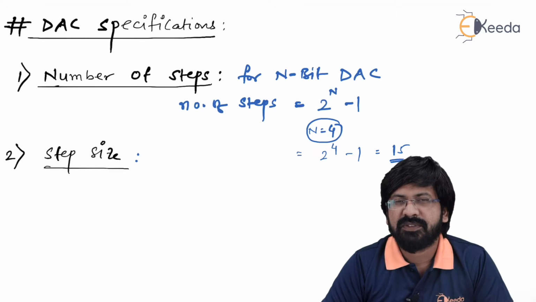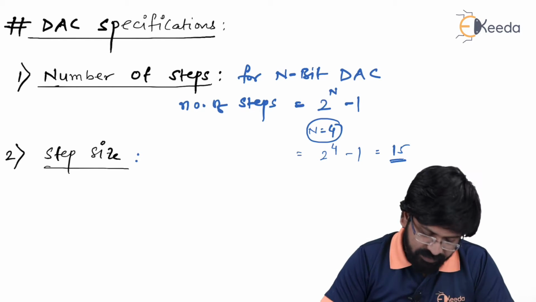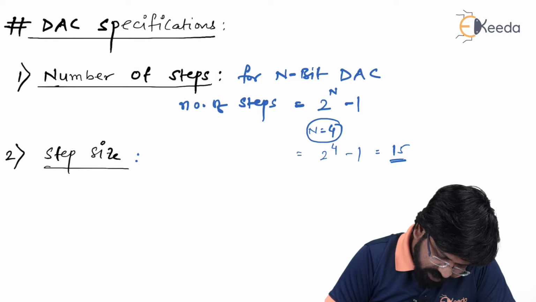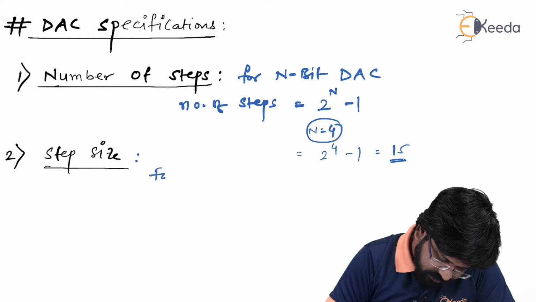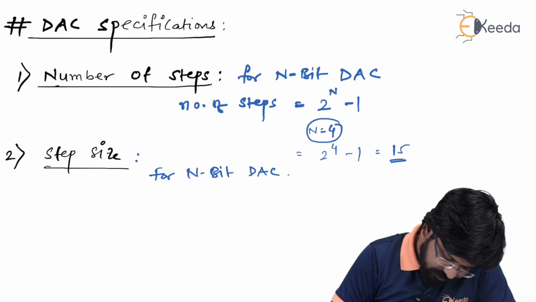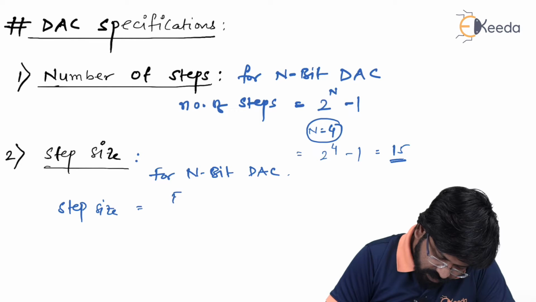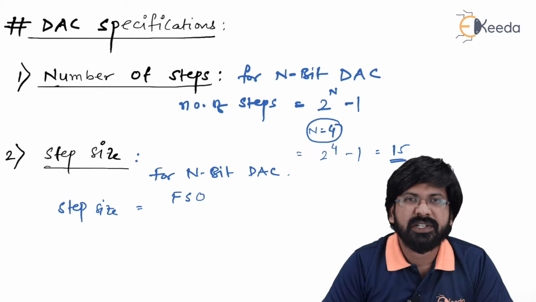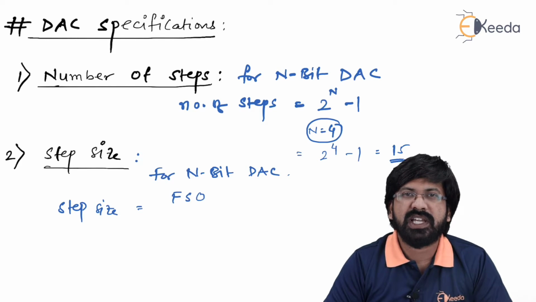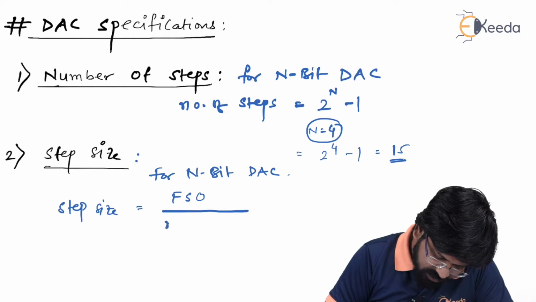If you remember, we had a step size of 1 volt in the given example. So for an n bit DAC, it is simply the full scale output voltage, FSO, divided by the number of steps.